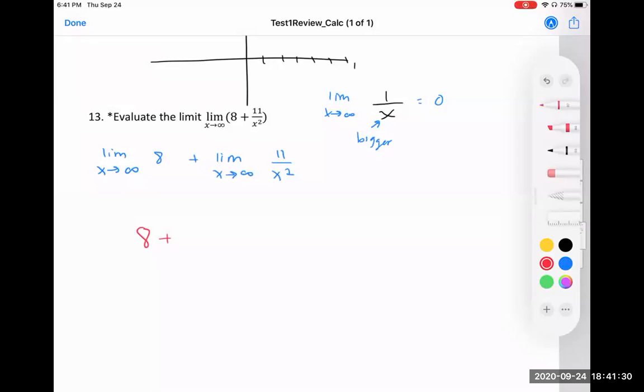For our second term, because we have a fraction with the variable larger in the denominator, as x gets bigger, this ends up being 0. I always draw a little arrow and a 0, so I know that it's approaching 0. So we're left with 8 plus 0, which gives us 8.